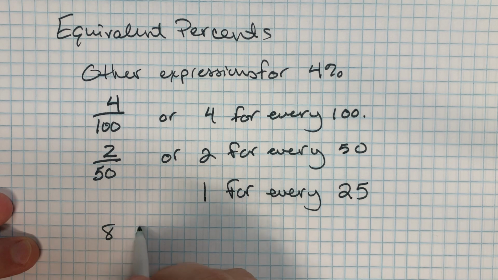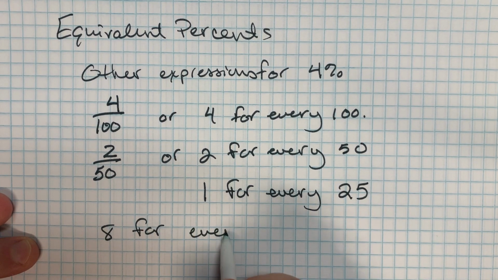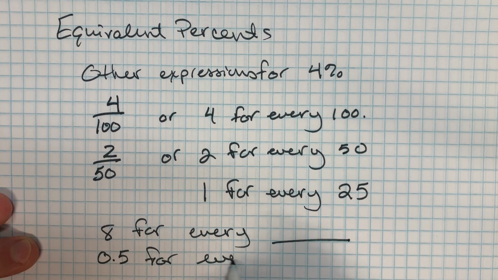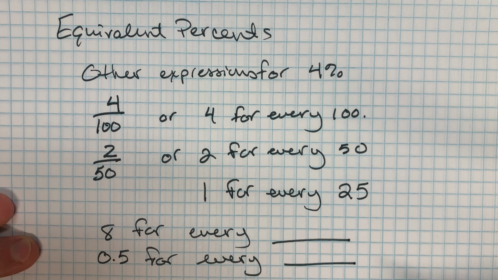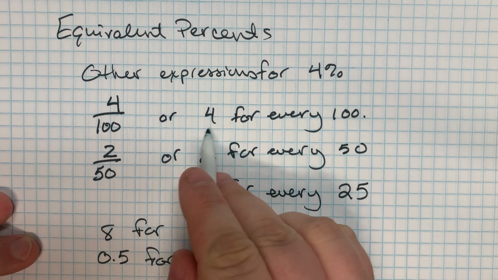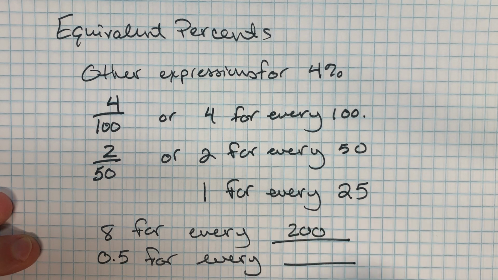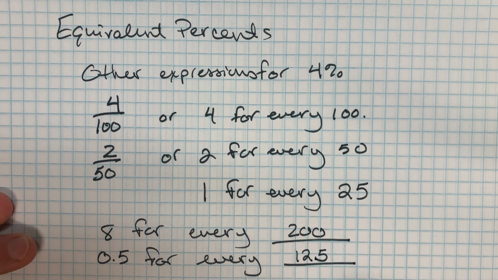Or 8 for every what? Or a half for every blank. Well, if it's 4 for every 100, it's 8 for every 200. And if it's 1 for every 25, it's a half for every 12.5.